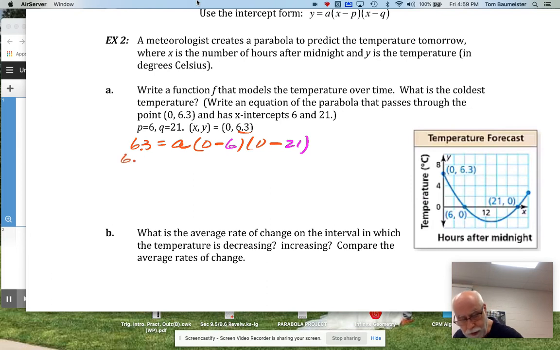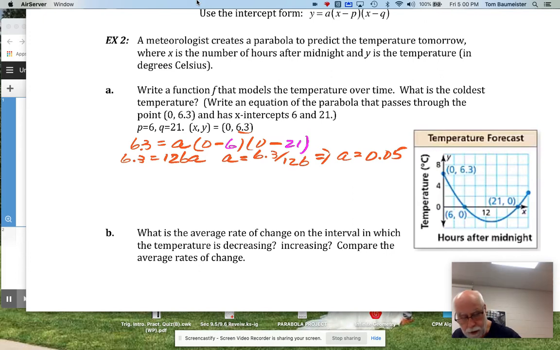I'm going to have 6.3 equals a times negative 6 times negative 21, a negative times a negative is a positive, and 6 times 21 is 126. So now to solve for a, I'm going to get that by itself by dividing by 126, and that will give me that a is equal to 0.05. Okay?